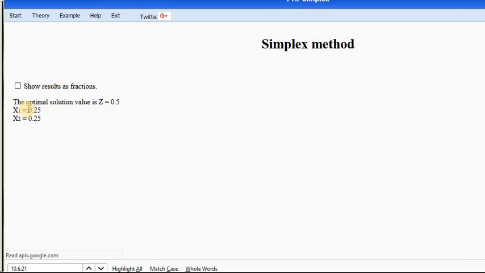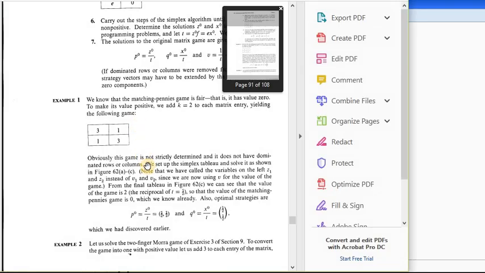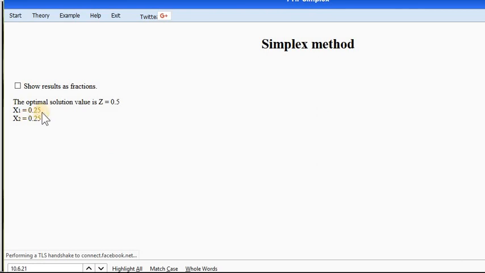And here's my solution. x1 equals 0.25 and x2 equals 0.25. And the optimal solution value is z equals 0.5. So to get my result, as it shows in the book, you have to divide these by this optimal solution value, which would give me 0.5, 0.5, and that's my optimal column strategy.